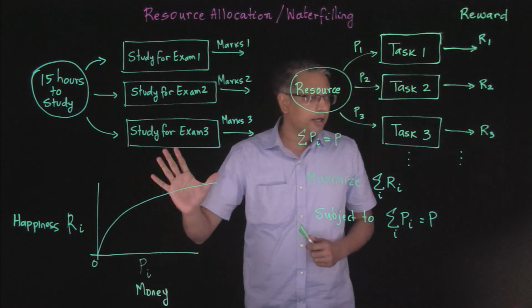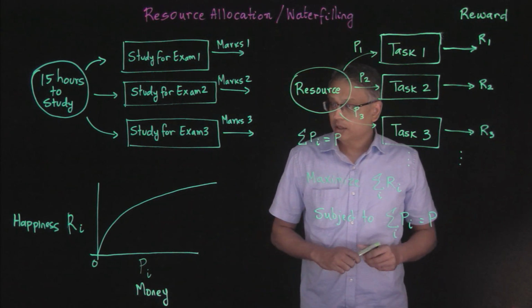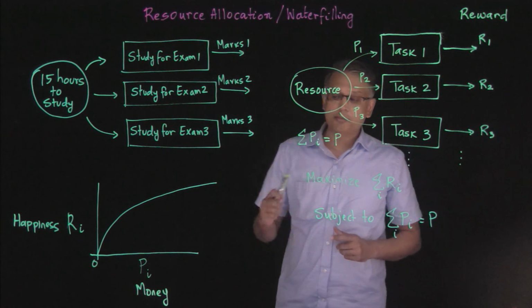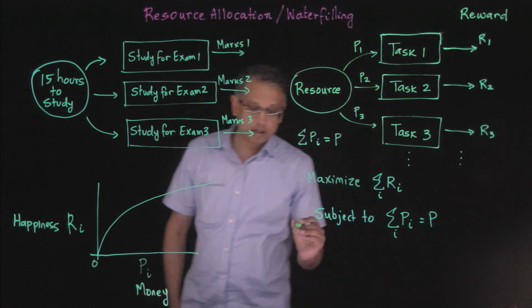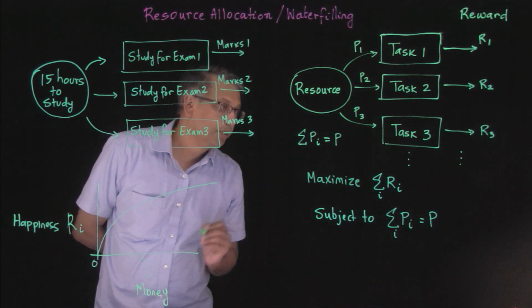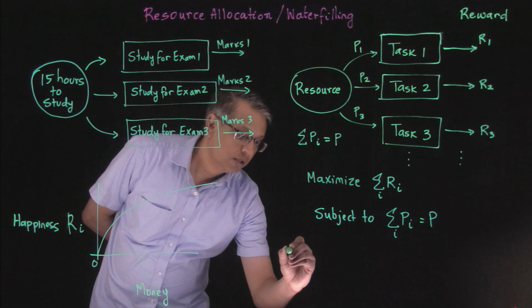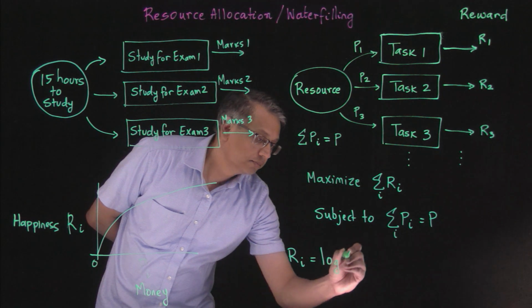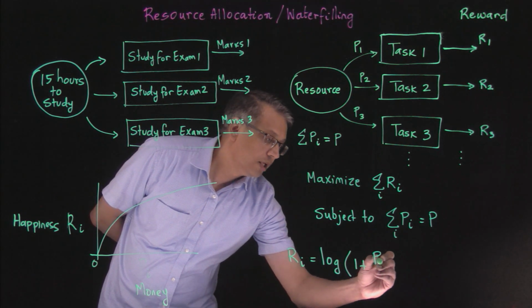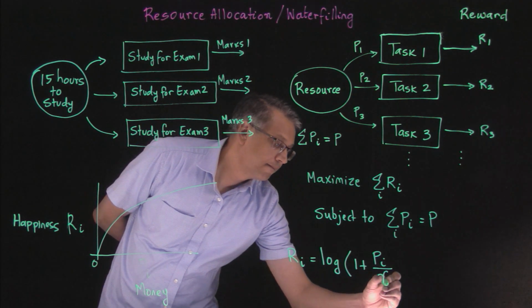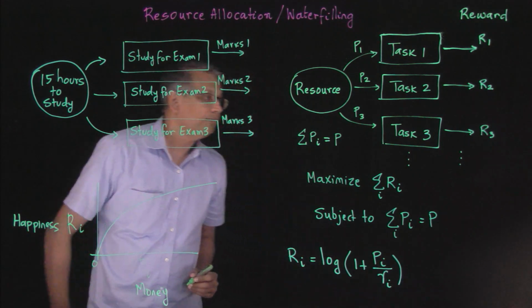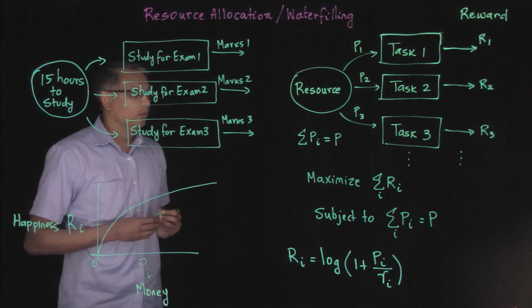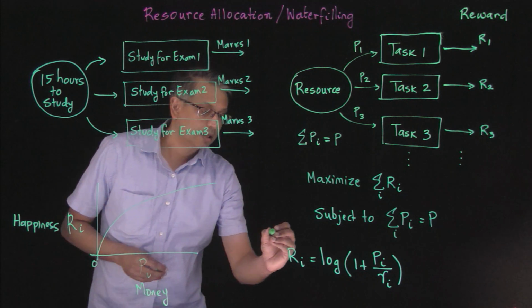So this kind of reward function is what we are going to be interested in. And mathematically, we're going to focus on one particular reward function. This reward function is going to be given by log of 1 plus p_i over gamma_i.